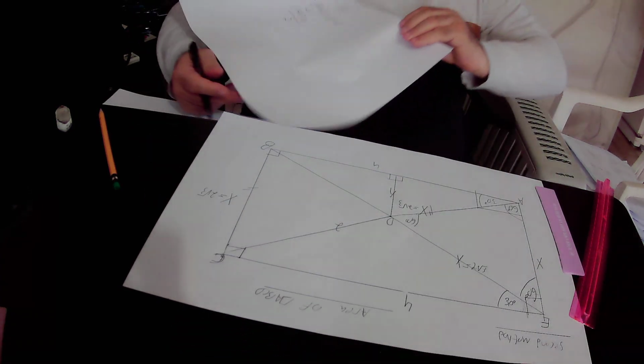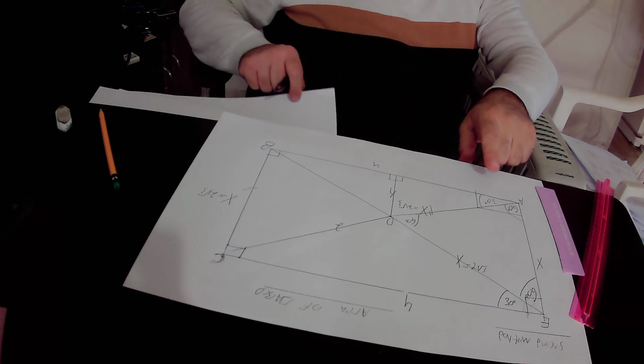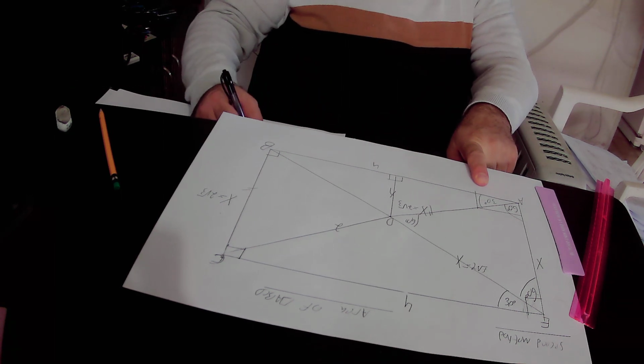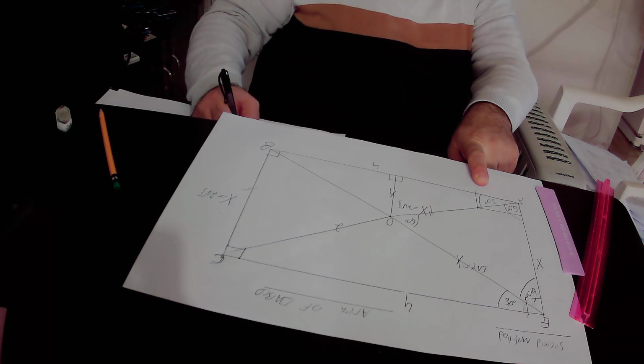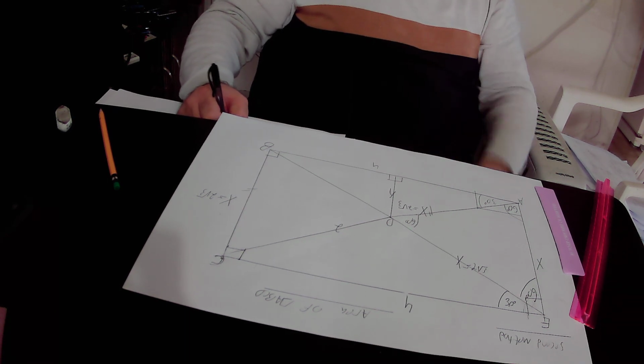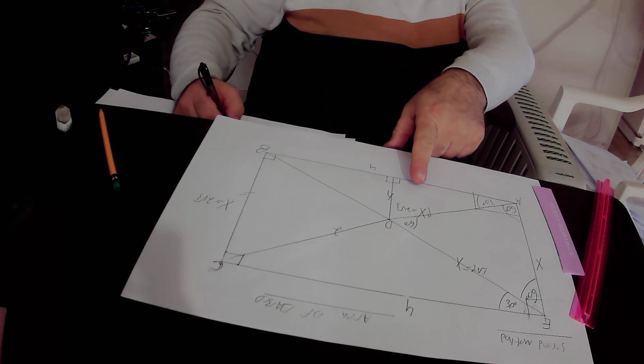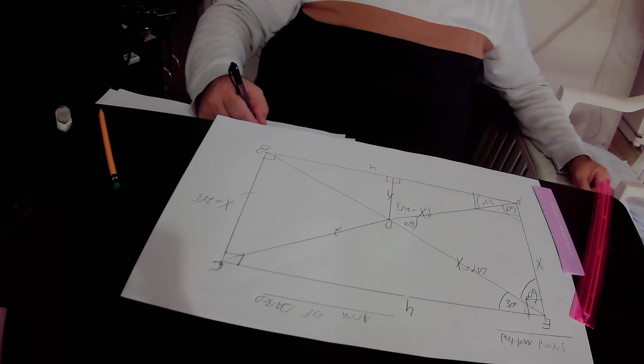What is the value of h? We know that sine 30 degrees equals h over AD, and AD is 2 times square root of 3. Sine 30 degrees is 1 over 2.